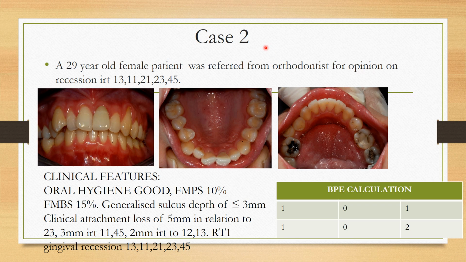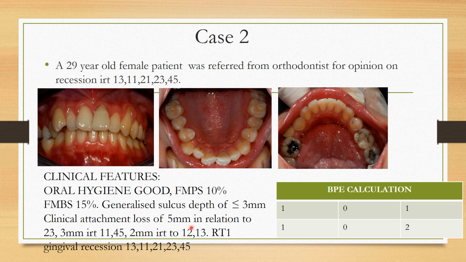Coming to the case 2 study, there is a 29-year-old female patient who was referred from an orthodontist for an opinion on recession. Oral hygiene is good. FMPS 10%, FMBS 15%, generalized sulcus depth less than or equal to 3 mm.